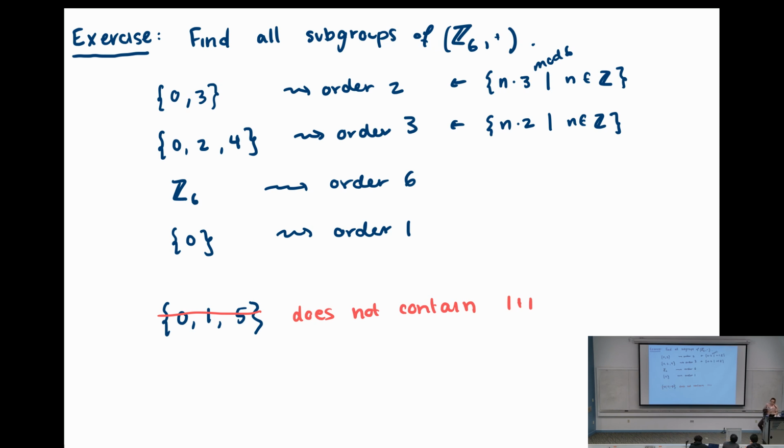So that is potentially one way of generating subgroups: taking a single element of your group and looking at multiples of that. So we may wonder, in general, is the set g to the n such that n is an integer a subgroup? Now I'm using the multiplicative notation.